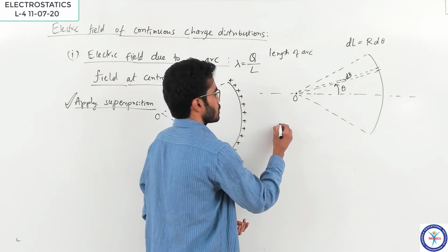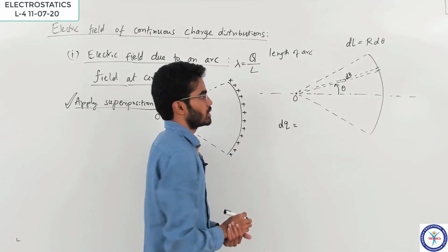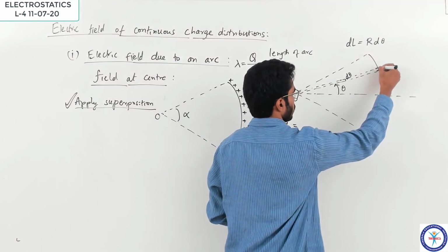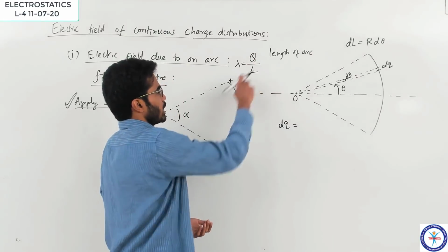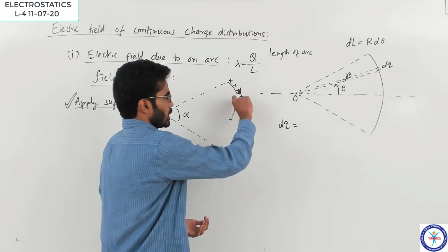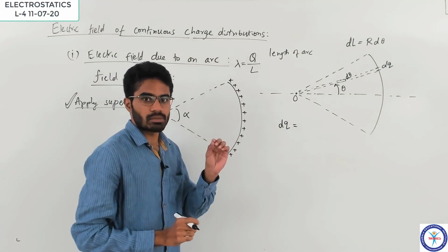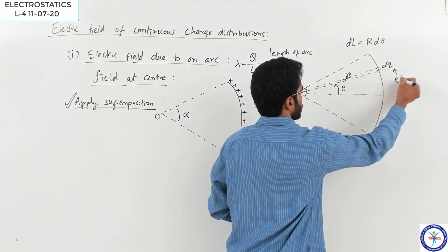Now what is the charge present on it? dq, the small charge present in this portion, right? We have small charge dq here. Capital Q is the charge distributed on the total arc. But if you take a small portion, there is only some charge present, elemental charge. So this dq is elemental charge.